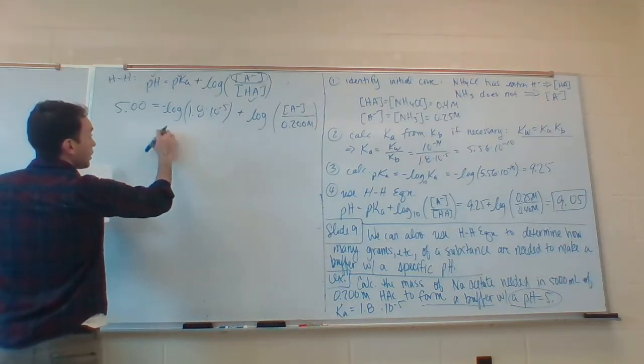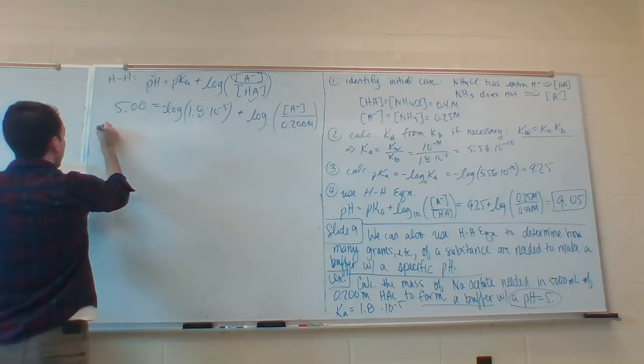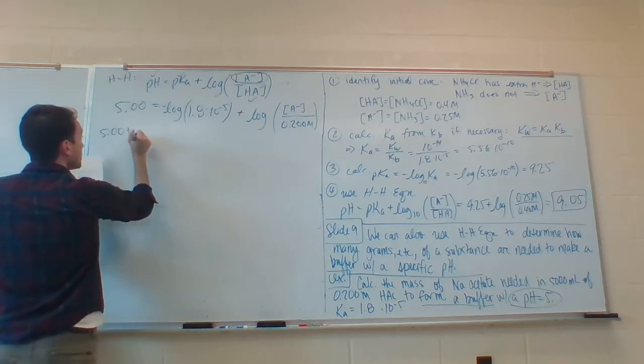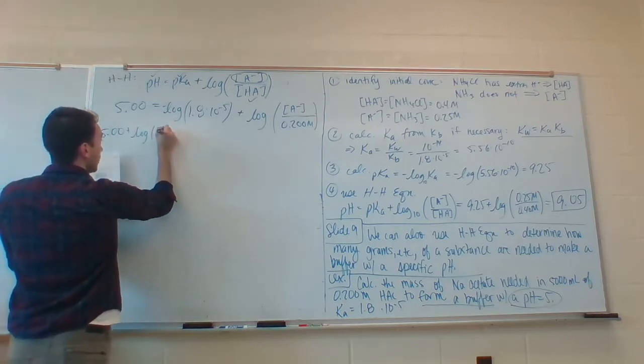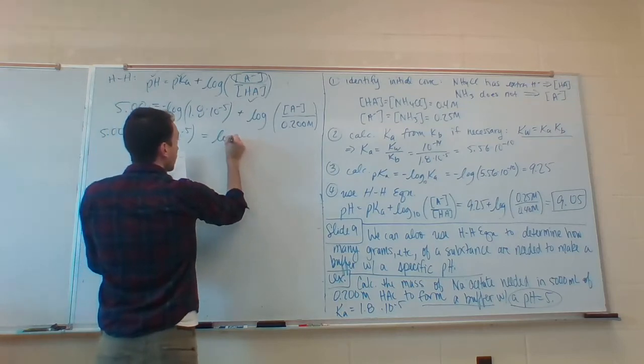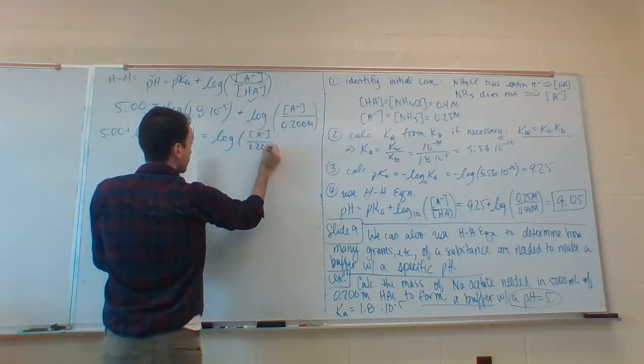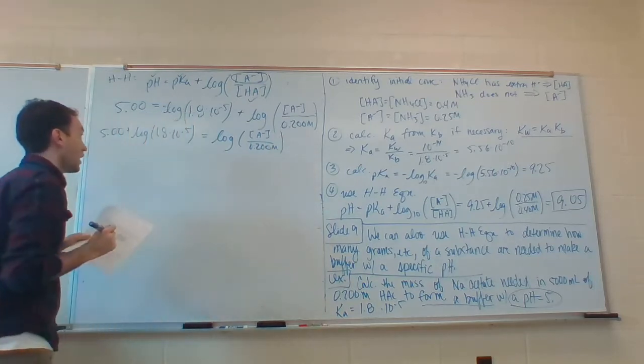I'm going to pull this log over to the other side. So I've got 5.00 plus the log base 10 of 1.8 times 10 to the negative fifth is equal to the log of our concentration in A- over 0.200 molar. Okay?